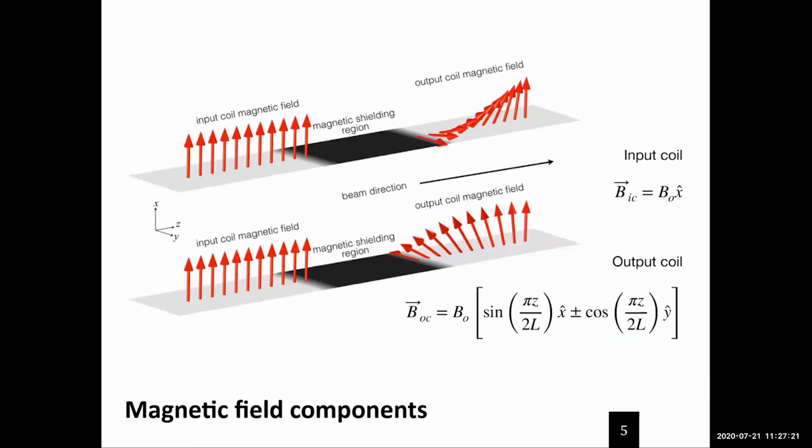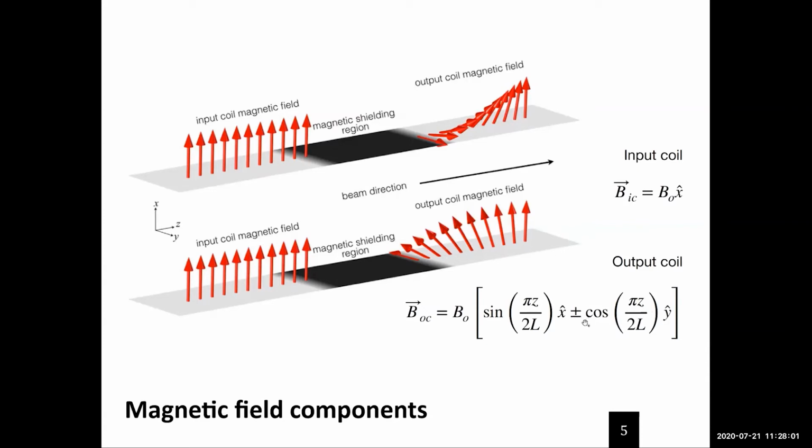Before I show you that, I wanted to go back to the requirements for the neutron spin rotation apparatus, and to stress the fact that, particularly for the output coil, we need two perpendicular magnetic field components. One is a transverse magnetic field that fades as neutrons travel through the coil, and one is a vertical component that increases as neutrons travel through the coil.